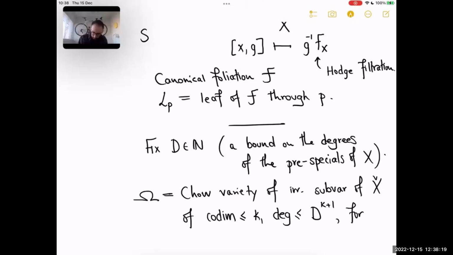And this is for all k. Of course, only finitely many k play a role because the thing is finite dimensional, but I have to do this just for technical reasons. So it's a Chow variety of certain irreducible subvarieties of bounded degree of X check.